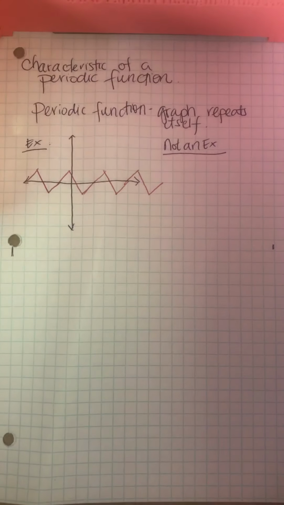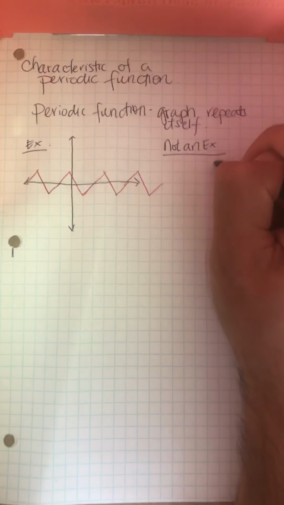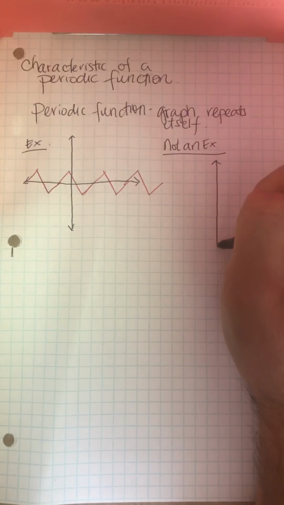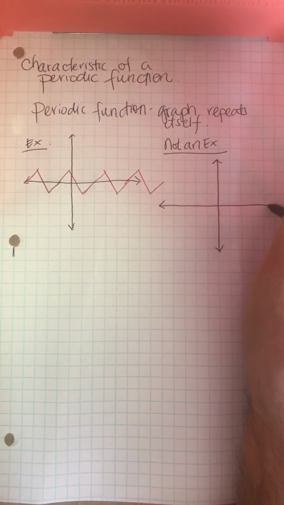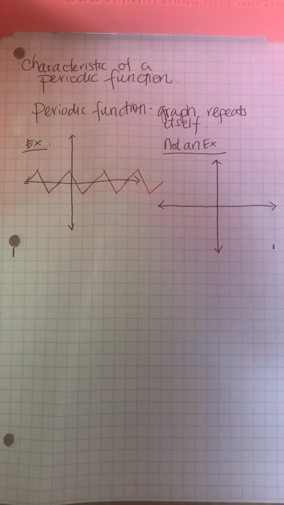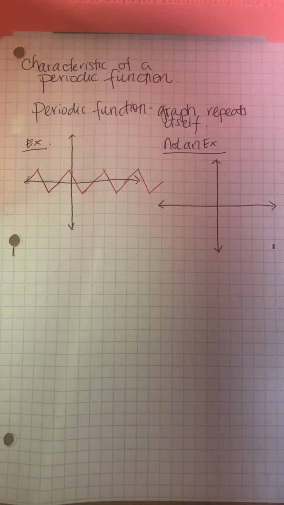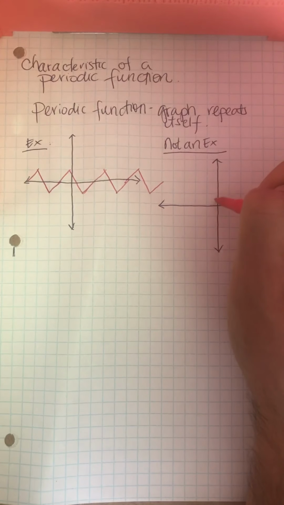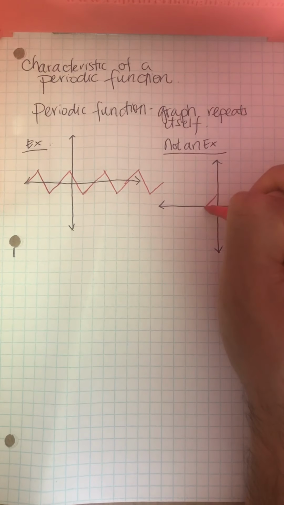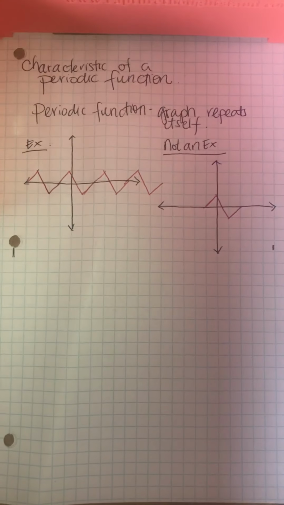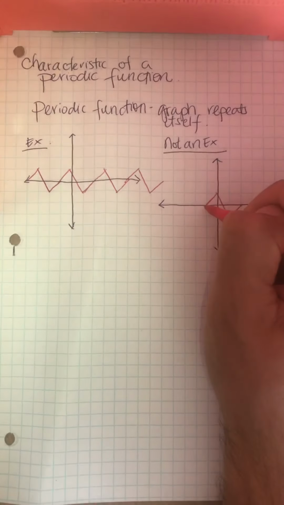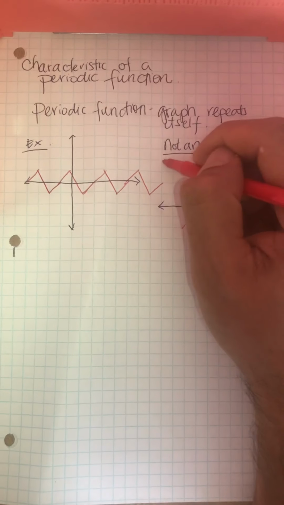Let's look at one that would have some sort of characteristic, but that is not repeating itself over and over again. So let's say, ladies and gentlemen, we have that very similar zigzag. But this time around, it dips down and then goes up.